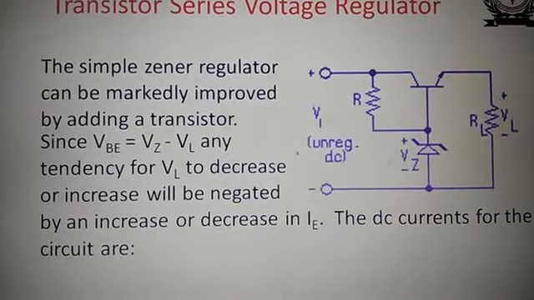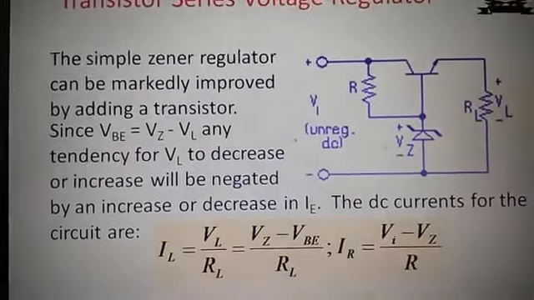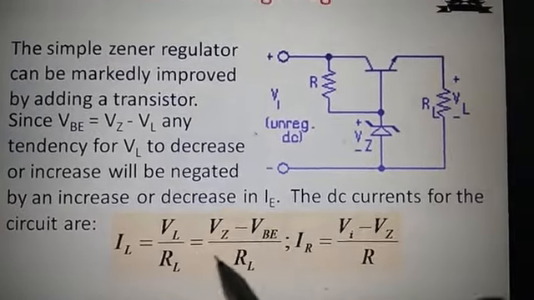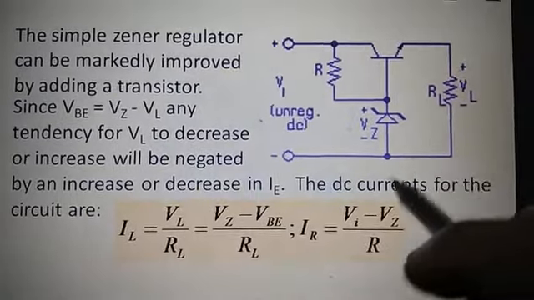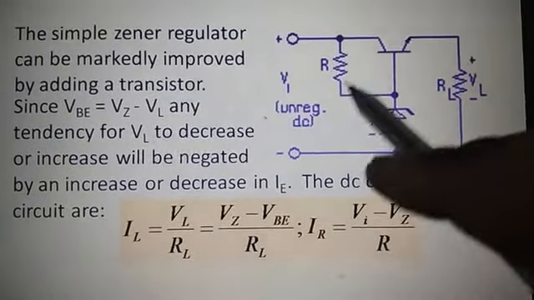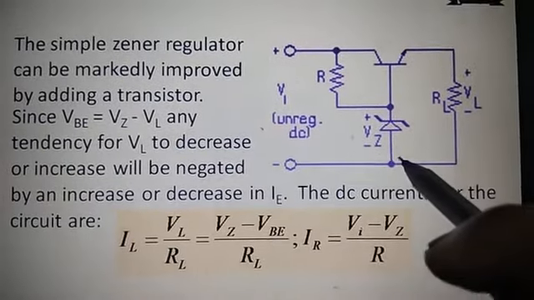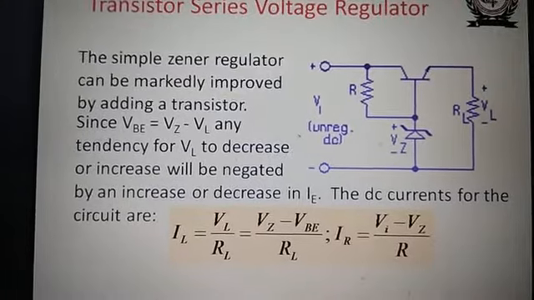The DC currents for the circuits are, this is the output current shown here, IL is equal to VL by RL, and VL is equal to Vz minus VBE upon this RL. And this current through this resistor is IR. This is Vi minus this Vz upon R is the current through this.